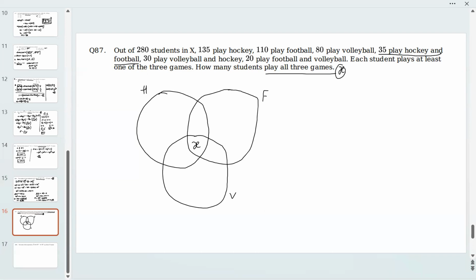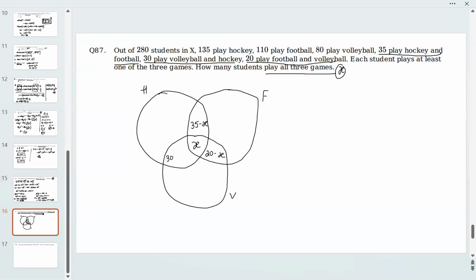This whole region is 35, this is X, so this will be 35 minus X. Same we can do here for football and volleyball. 20 play football and volleyball, so this full region is 20 and this is X, so this is basically 20 minus X. And hockey and volleyball, 30 play hockey and volleyball. So this whole region is 30, and this is X.